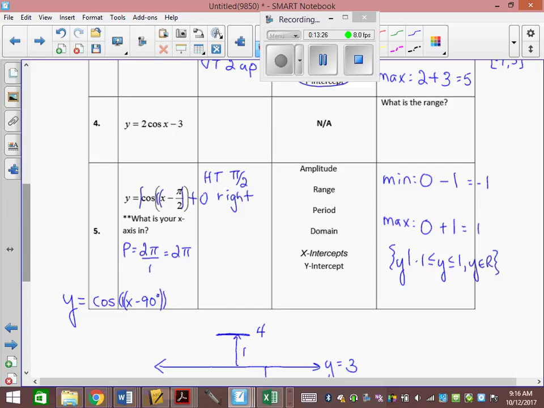But would it make sense to go 2 pi divided by 1 and tell me it's 2 pi when the question's in degrees? No. The period we would have to do would be, what's 2 pi in degrees? 360. So we'd do 360 degrees divided by the absolute value of b, which is 1. So it would be 360 degrees.